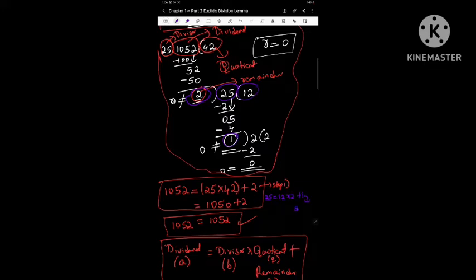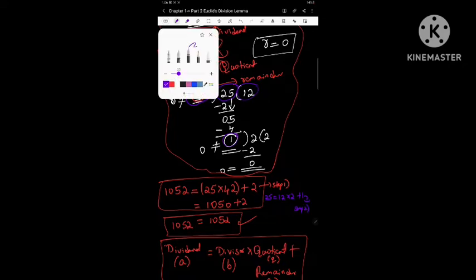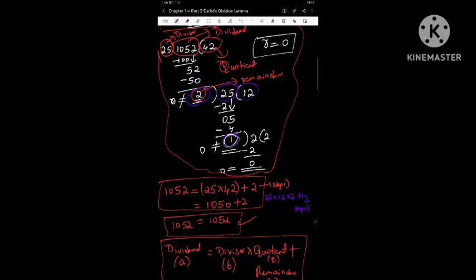This will be our step 2, and finally, in the last process we have 1, 2, 2 and 0. So that will be 2 equals 1 into 2 plus 0, and this will be our step 3.